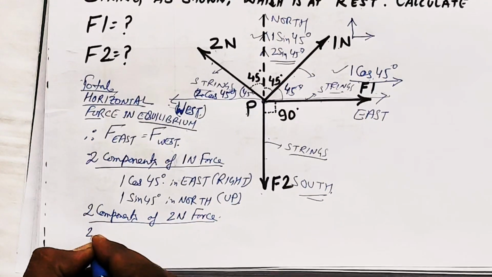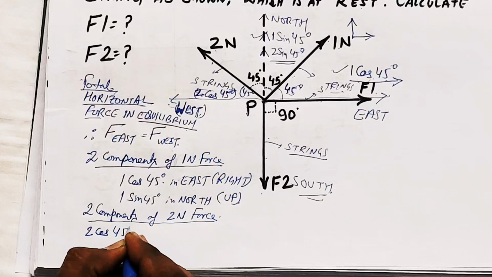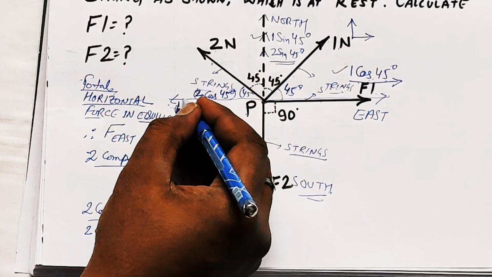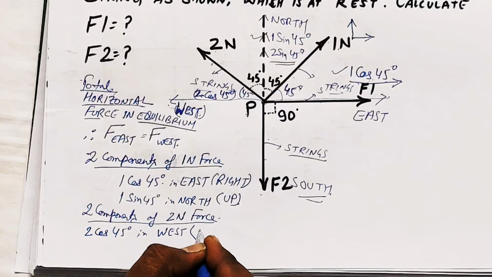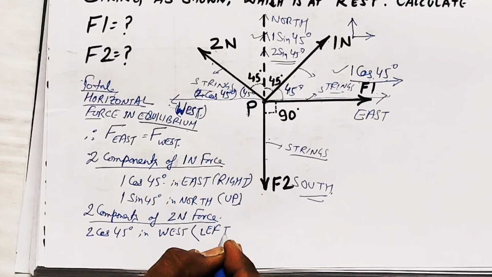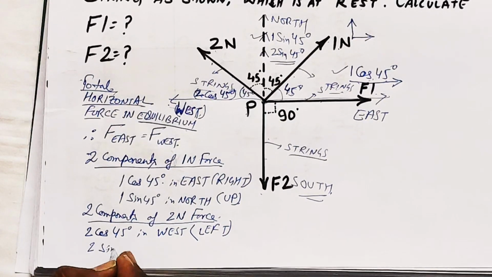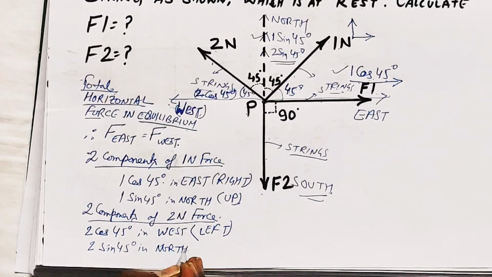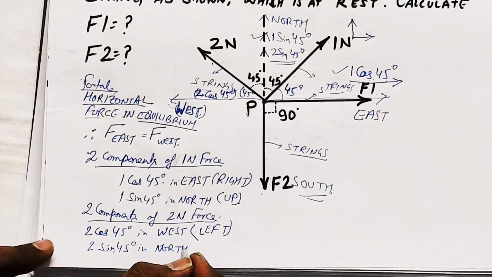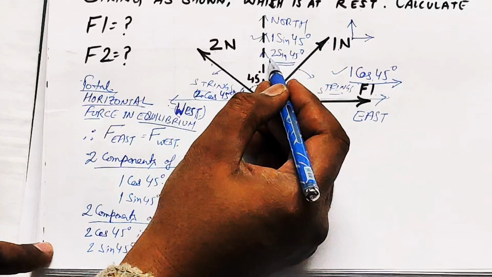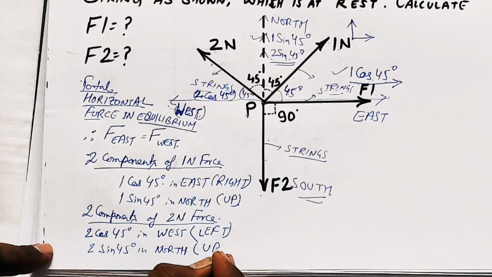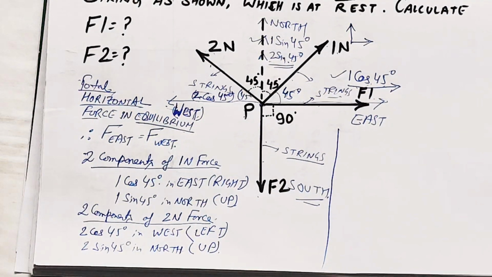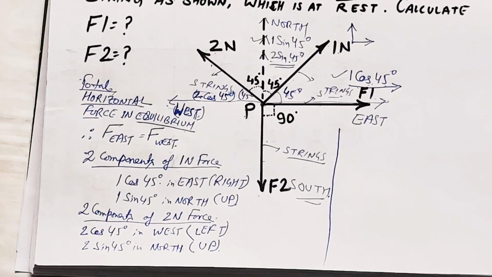One of the angles, 45, is given to us. From 90 degrees in the second quadrant, the total is 90 and 45 is given, so the balance is 45. So 2 cos 45 is the component of the 2 Newton force in the west direction, the left hand side towards minus x, and 2 sin 45 is its component in the north, or upward.